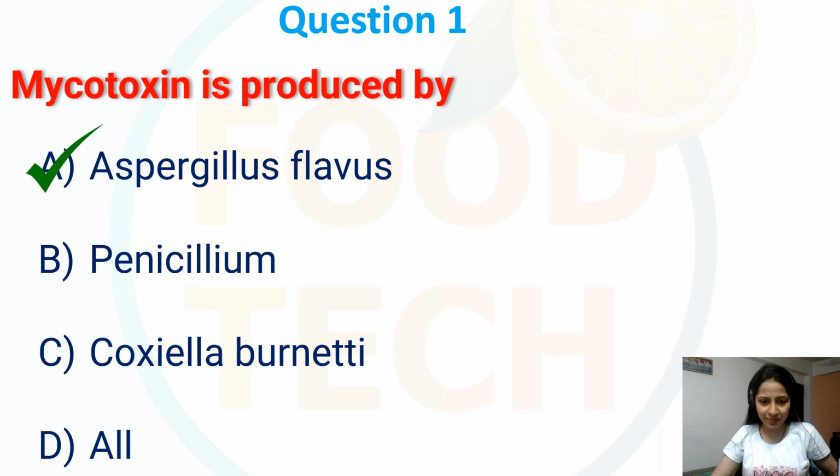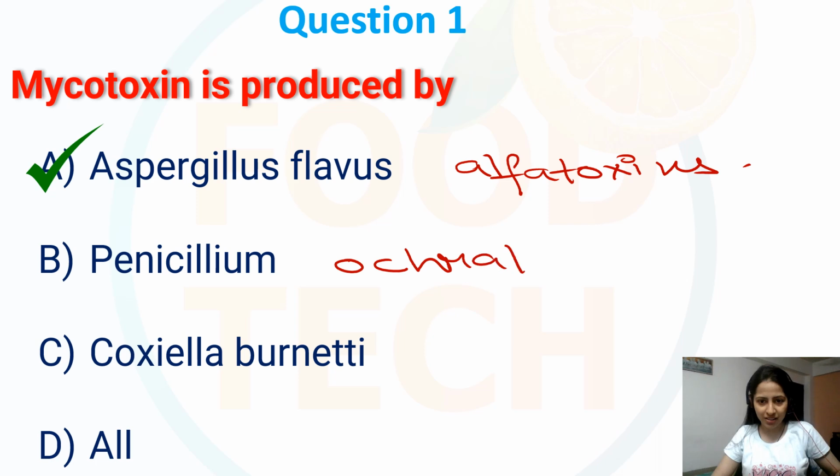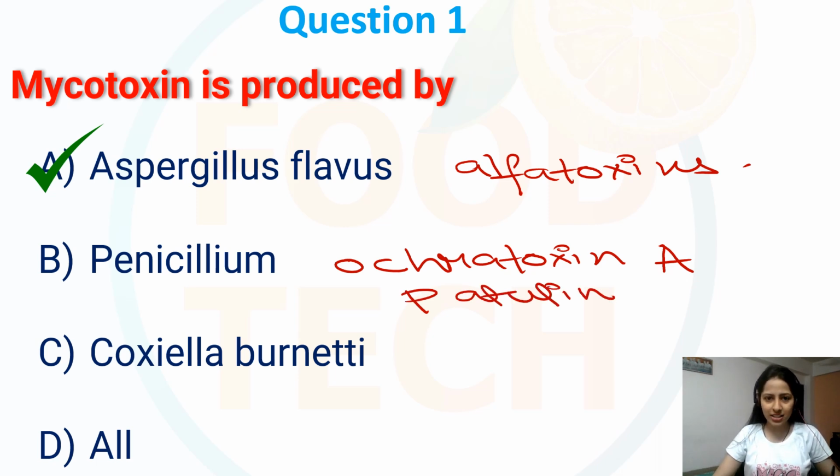I'll write. So Aspergillus for aflatoxins, then Penicillium for ochratoxin A and patulin. Next, Coxiella burnetii is not typically associated with any mycotoxin production.